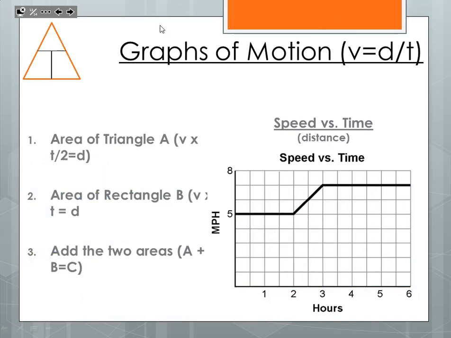There it is. So we said that the area of triangle A was 1 mile. The area of rectangle B was 5 miles. We added those together. A plus B equals C. And we had 5 plus 1.